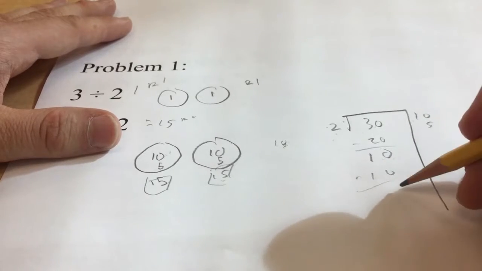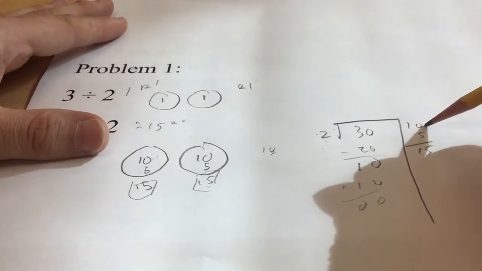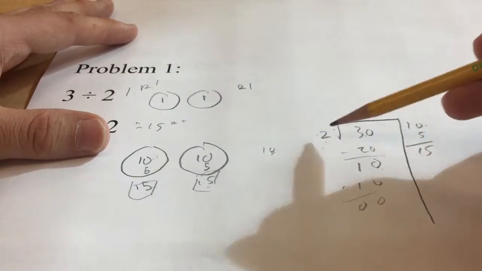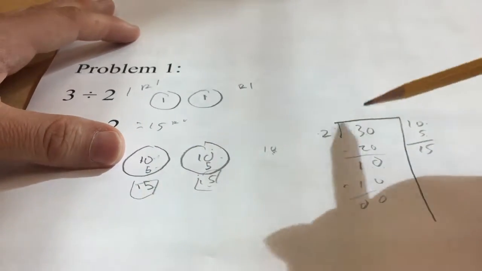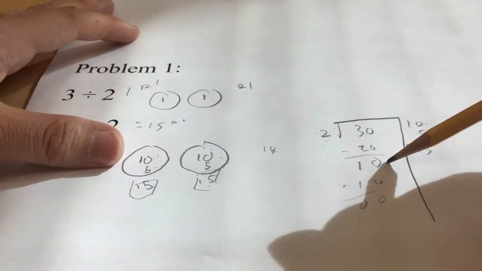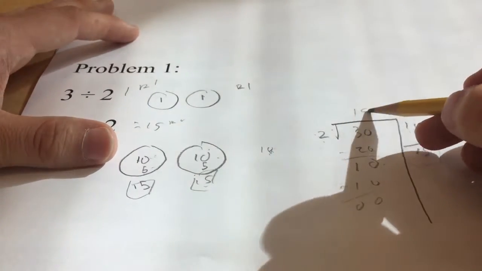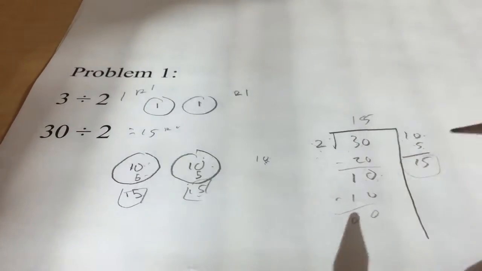And that's the rest, we distribute everything else. Answer, 15 altogether. First, we did 10 2 times. Then we did 5 2 times. 5 times 2, that was 10. And altogether we distributed 15. Answer, 15. You could do either one of these ones.